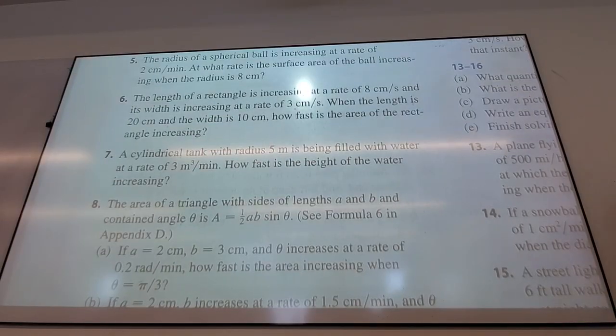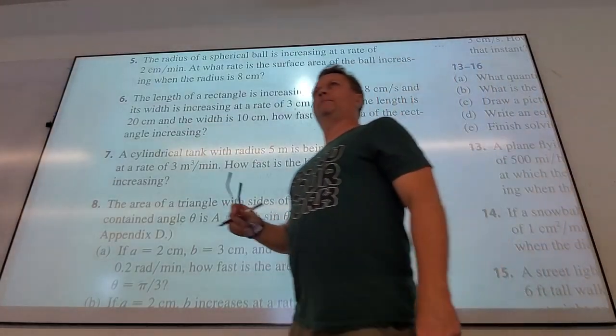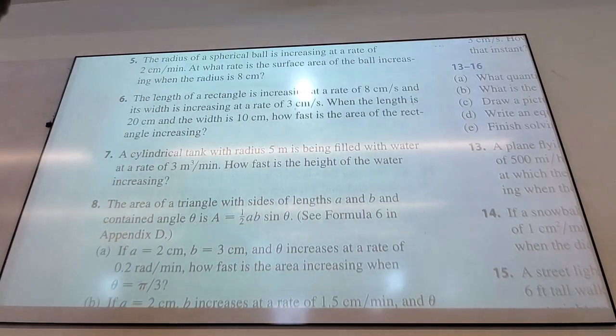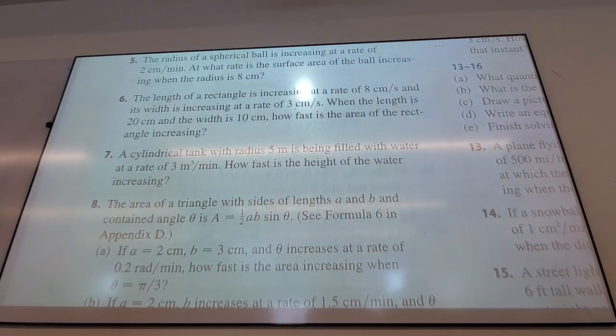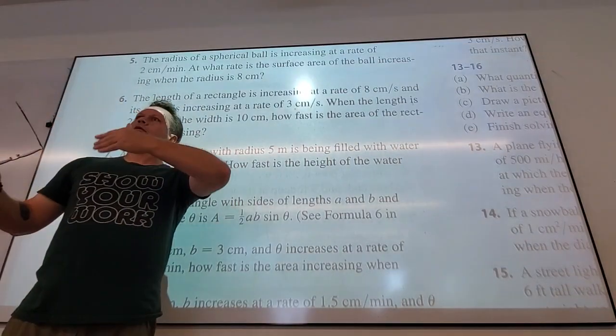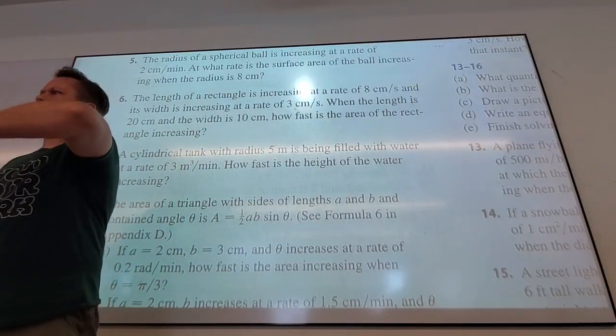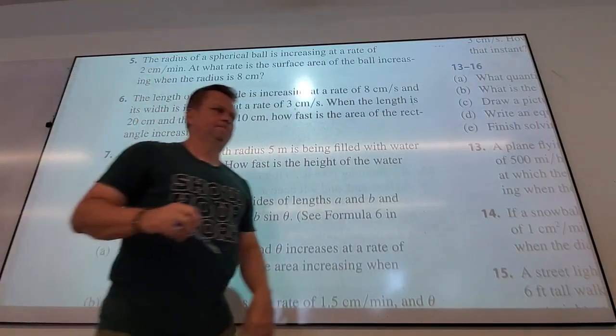If I did, you're welcome. I don't think I did. So too bad. This is from 3.9. Yes, 3.6 was logarithmic and inverse derivatives, 3.7 was position function, velocity function.